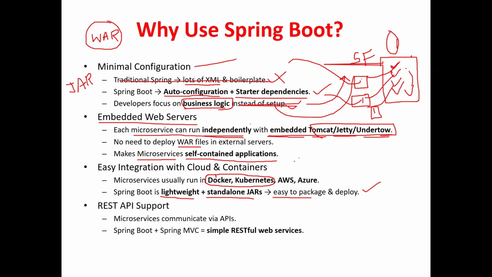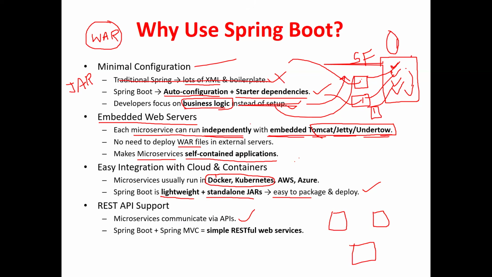Next, REST API support. Once you know web services, RESTful web services, which we discussed yesterday in module 3, CRUD operations, microservices communicate via APIs. You have one service, another service, and another service.